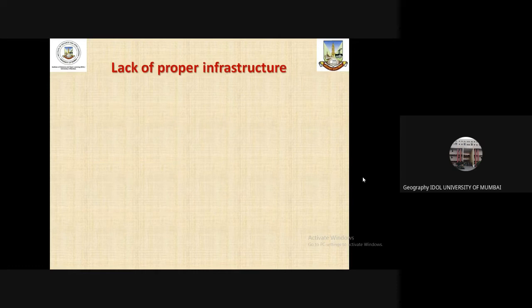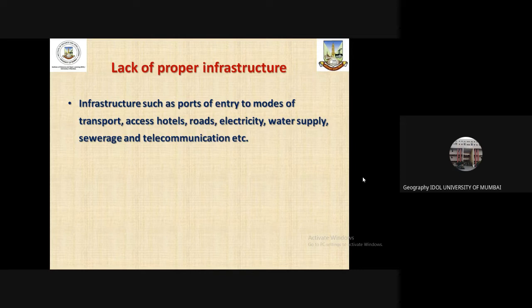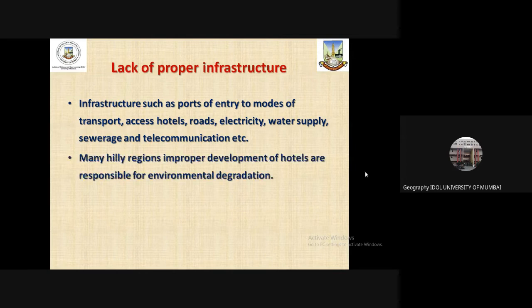Lack of infrastructure is also an important issue in the tourism sector of India, particularly the mode of transport that we have discussed earlier. Access to good quality hotels or accommodation facilities, roads, electricity, sustained water supply, sewerage and telecommunication are the important infrastructural facilities which are not adequate.